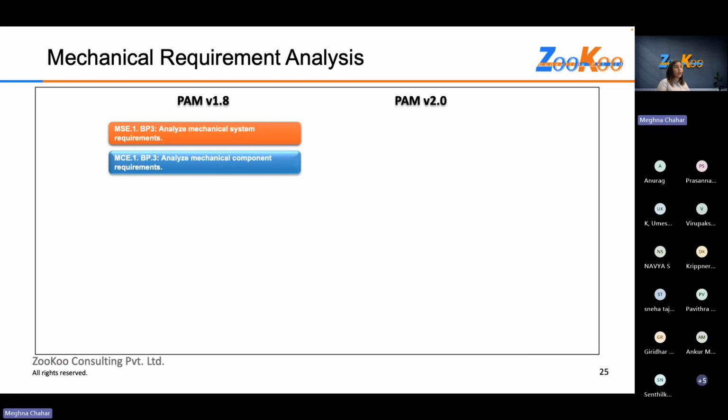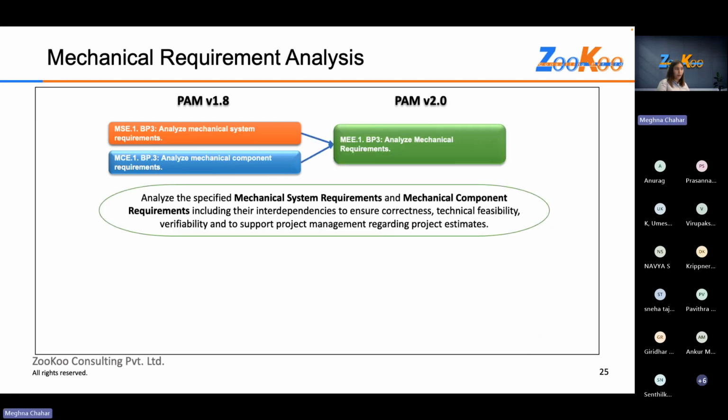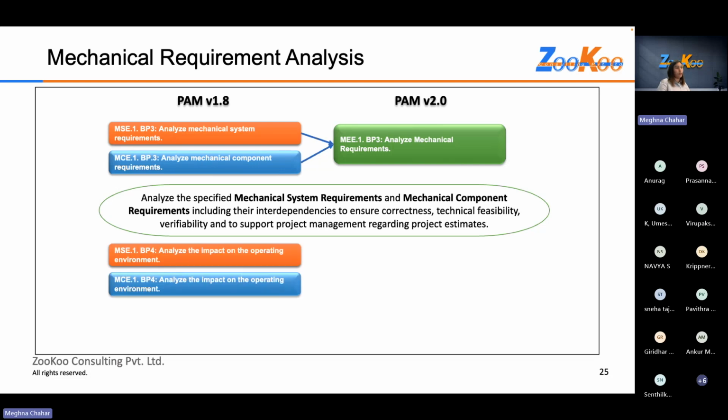Going ahead, analyze. Here also just combined. Okay. Analyze the specified mechanical system and component requirements, very much similar to what we already had. Okay, we need to do the analysis for technical feasibility, for correctness, for verifiability, and all other project parameters for resources, so that you can actually help your project manager.